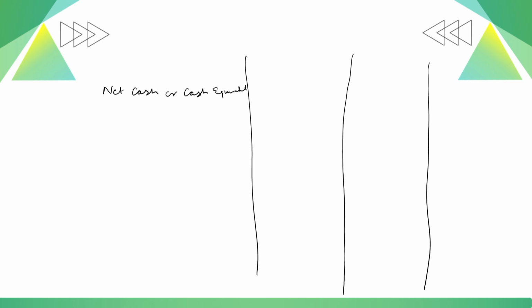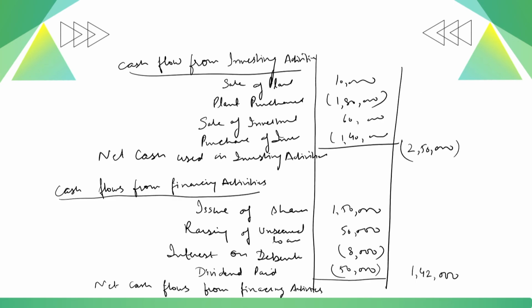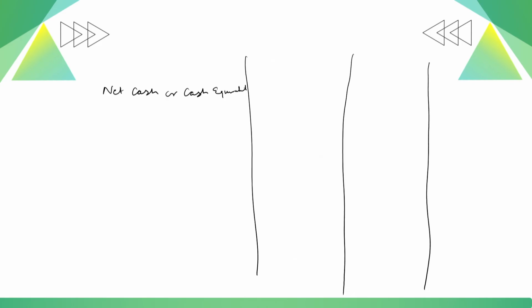This is after treating all the figures which we have shown, 1,23,000, then negative 2,50,000 and again a positive figure of 1,42,000. So, the balancing figure here comes to rupees 15,000, which would be my net cash or cash equivalent from the company's side.